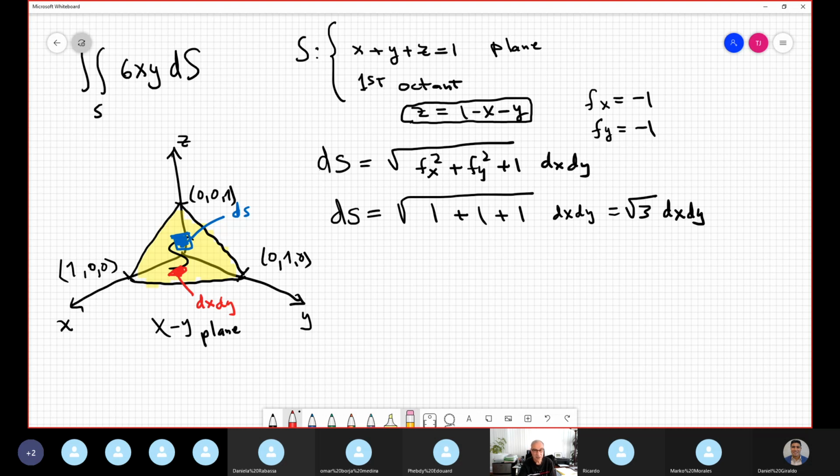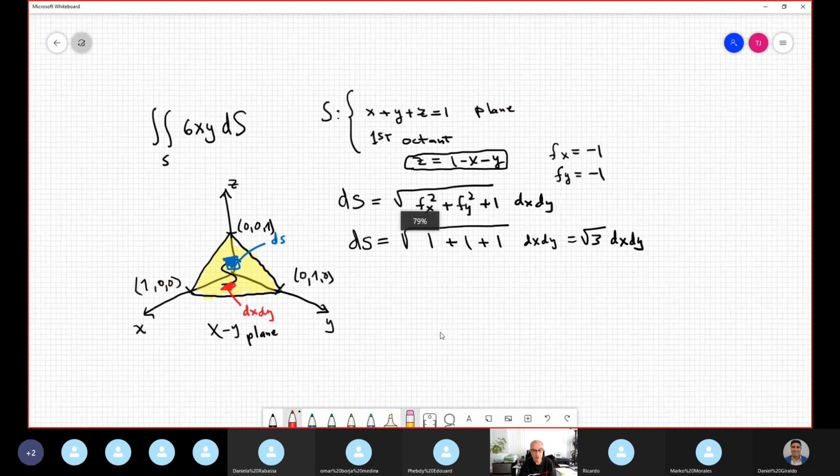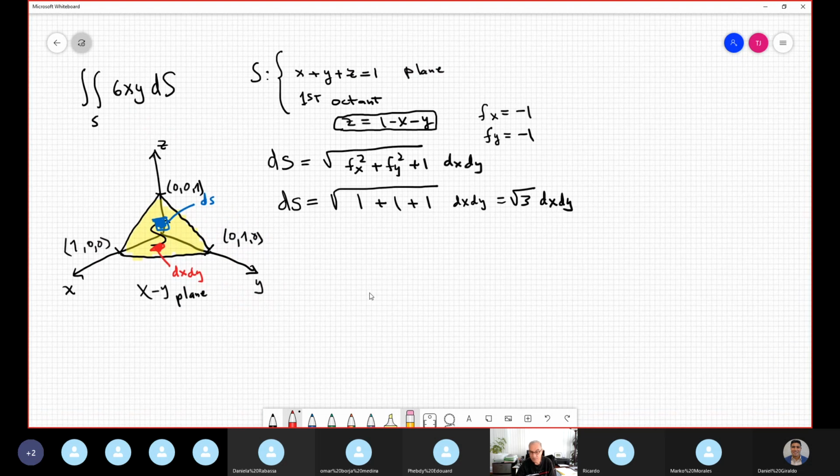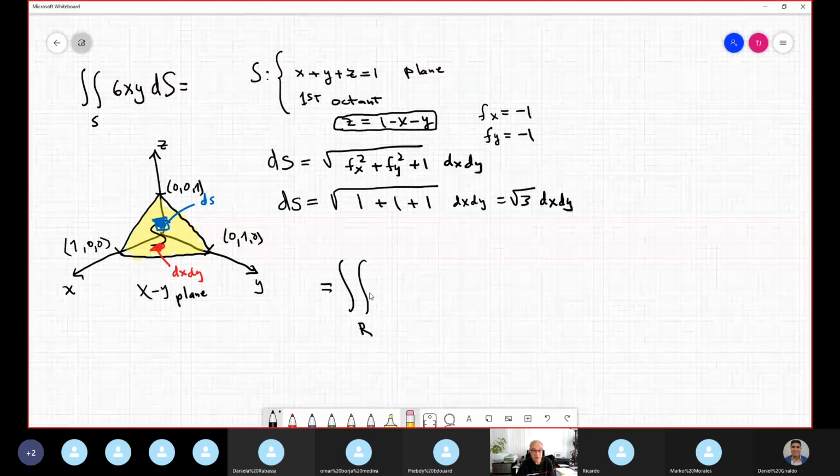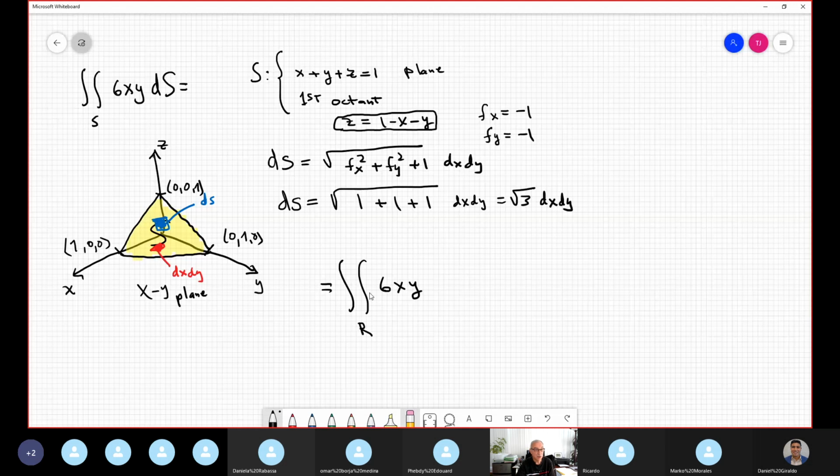Okay, I am ready to set up the double integral. The double integral is equivalent to this surface integral. Put this together. And the region R, I have no idea yet what the region R is. The integrand is 6xy, no z, nice. I like that. And radical 3 dx dy. Perfect.